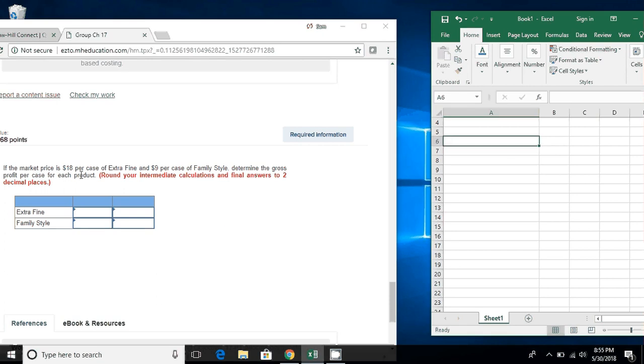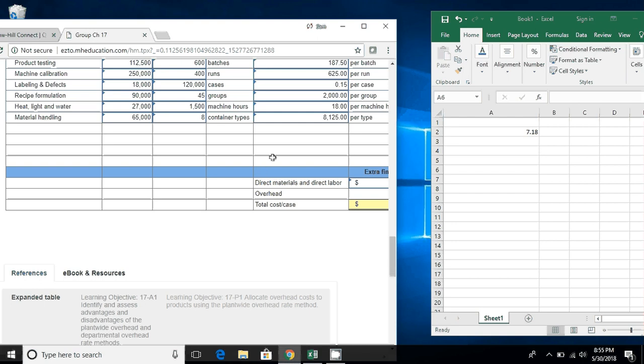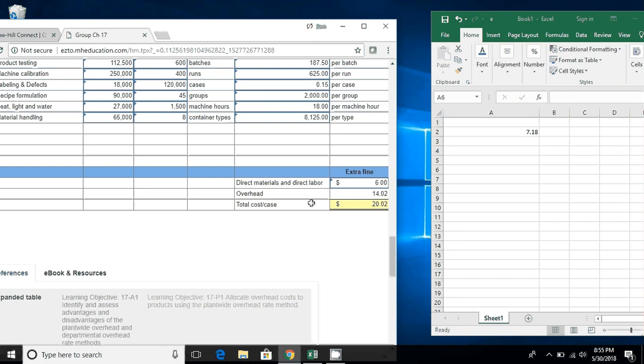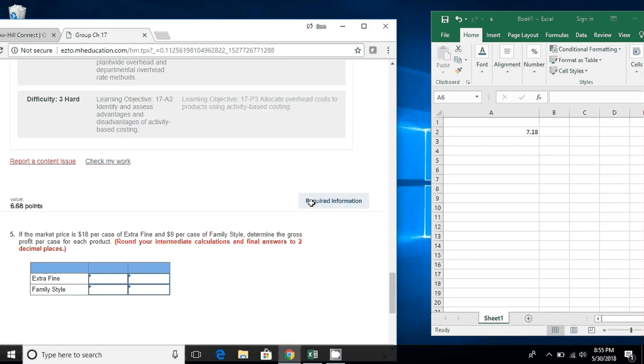So it's $20.02 for extra fine, and we're selling it for $18. Plus 18 minus 20.02, it looks like we're operating at a loss, right? Extra fine, if we do it based on activity-based costing, is now at a loss.